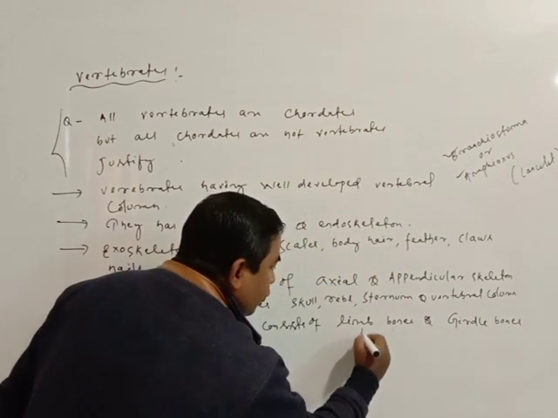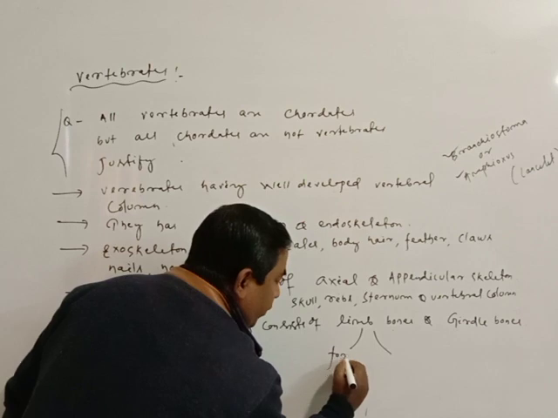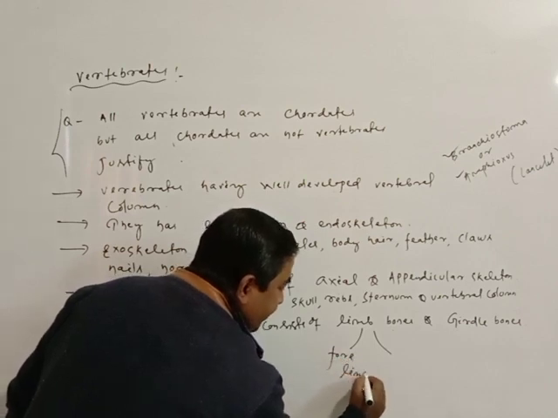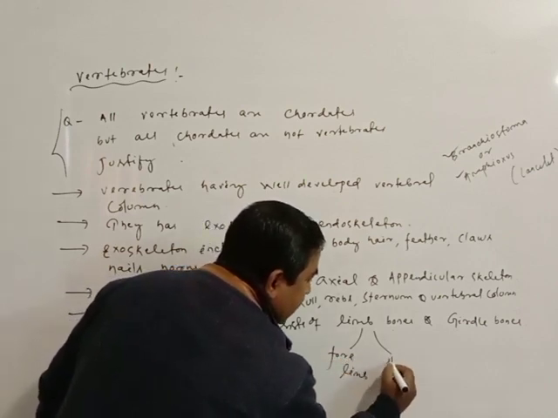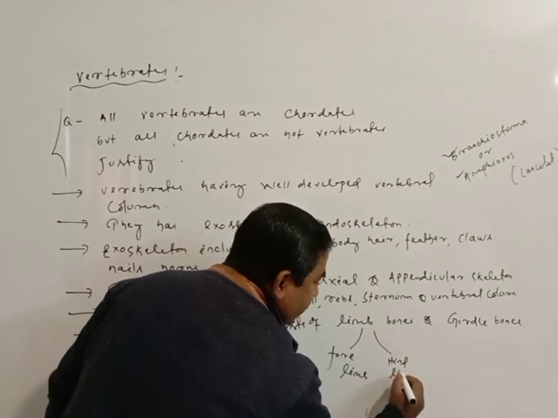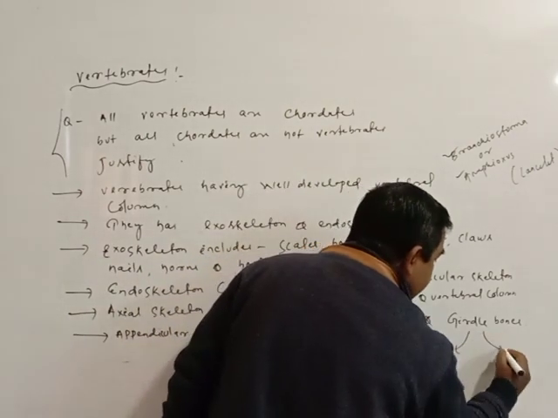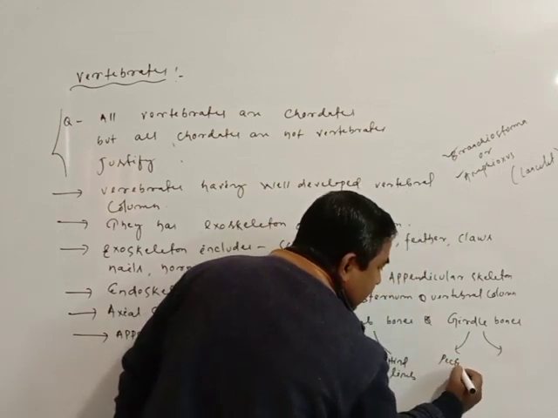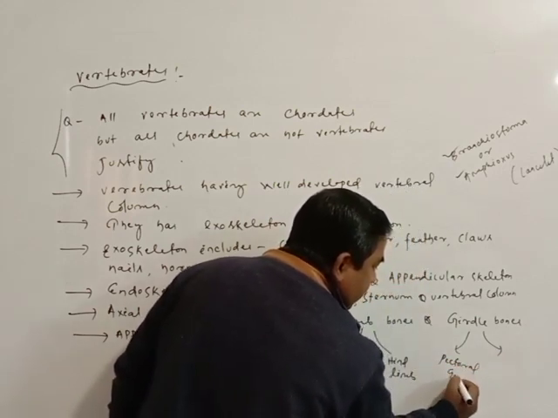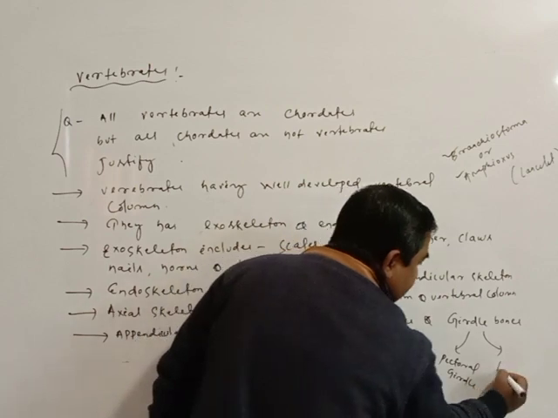Limb bones include forelimb and hind limb. Girdle bones include pectoral girdle and pelvic girdle.